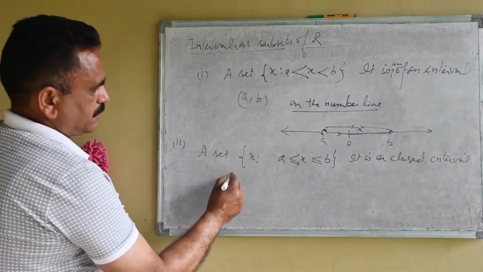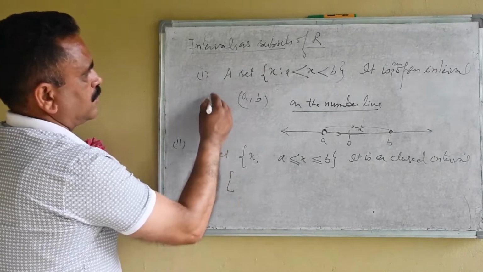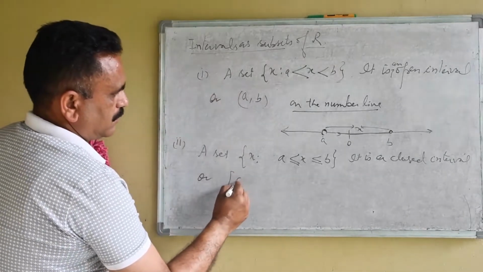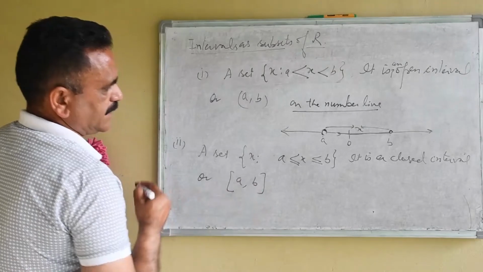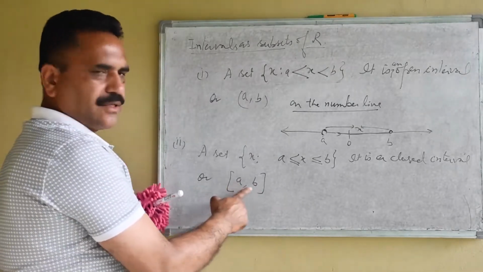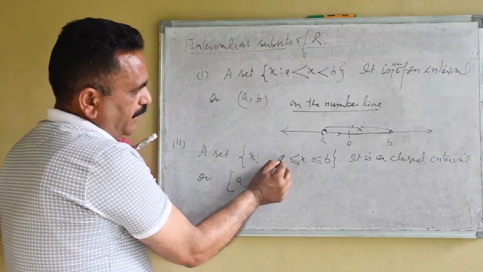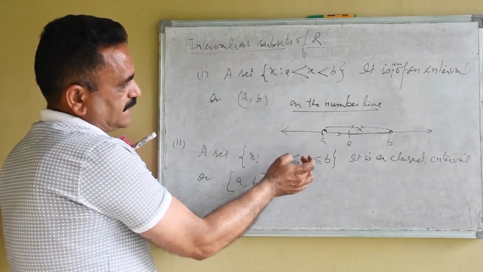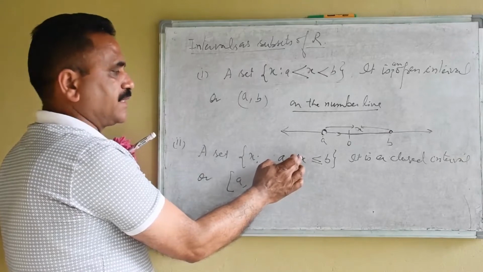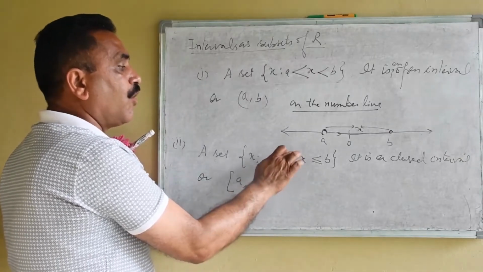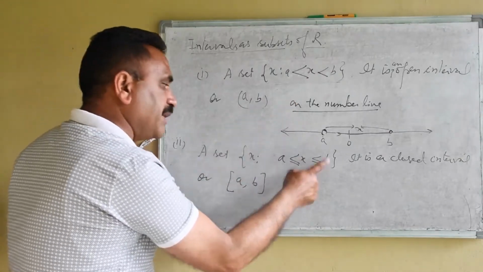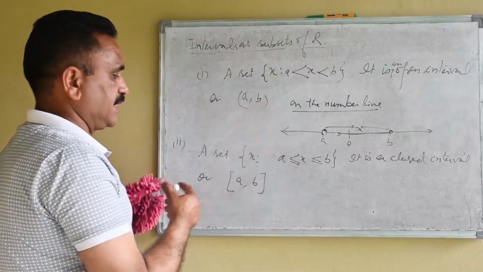That means in interval form we can write it like this: a, b, closed interval. X may be equal to a or greater than this, x may be equal to b or less than this.